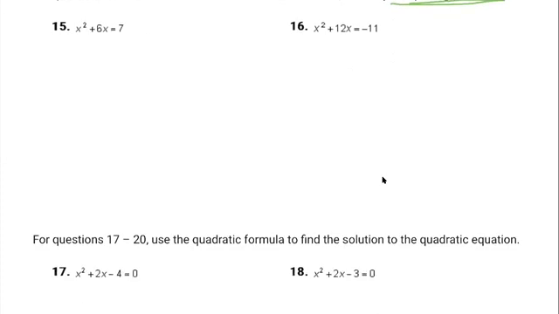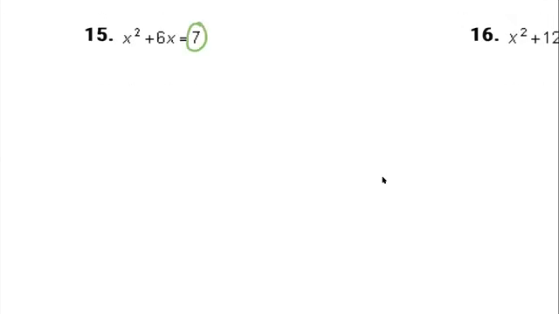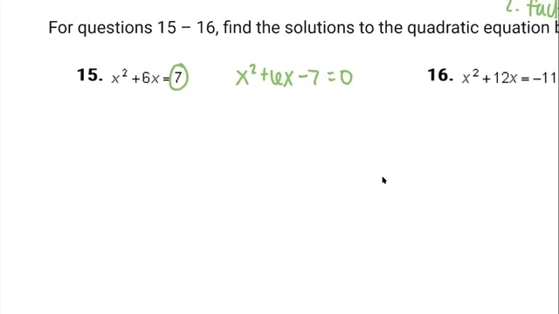So we then look at our equation here. Okay, so I've got x squared plus 6x. One thing I want to highlight here, 7 is already on the opposite side of the equal sign. So that makes it really simple for us. But if it wasn't on the opposite side, step 1 would be to put it in this form.